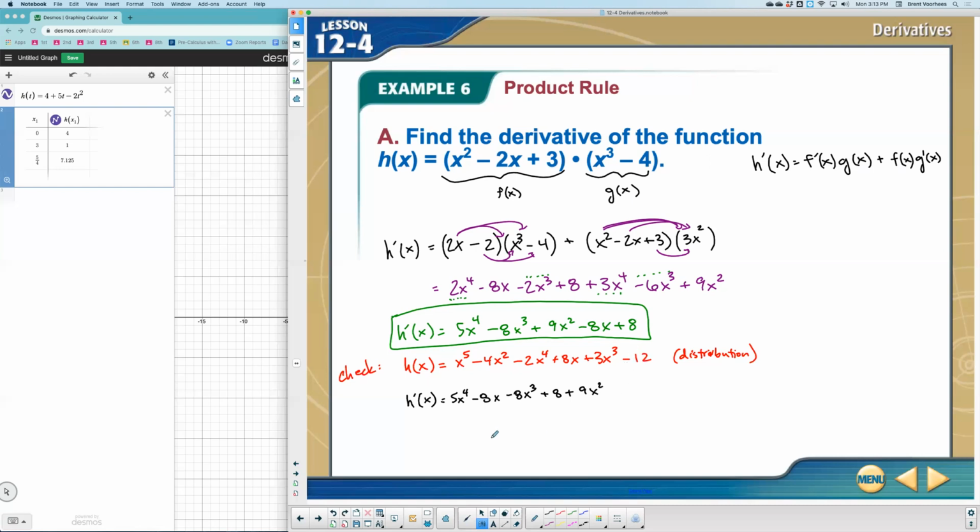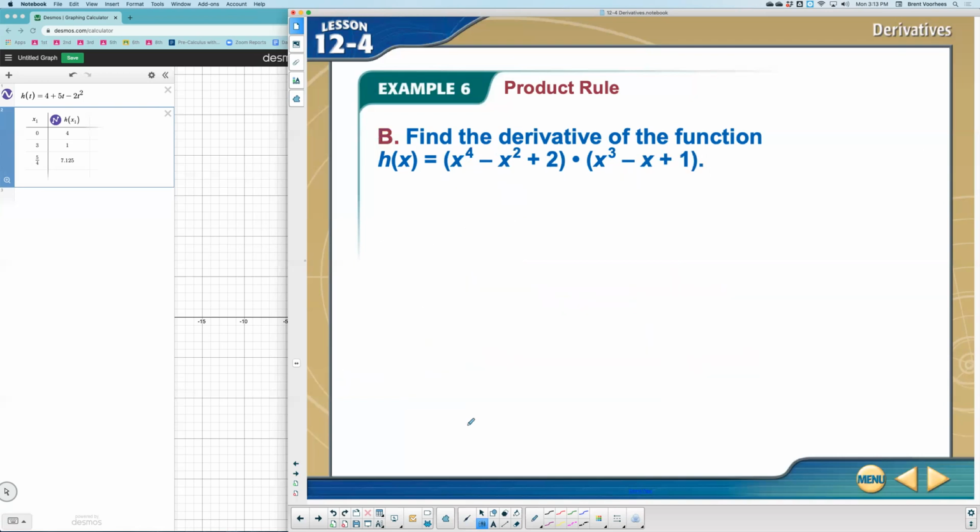The 12 would go away, and if I reordered this in terms of greatest power to lowest power, I'd have 5x to the 4th minus 8x cubed plus 9x squared minus 8x plus 8, which is just as we had before. So you can see that you can solve it either way. You can use the product rule, or you could distribute and use the normal power rules that we've learned.